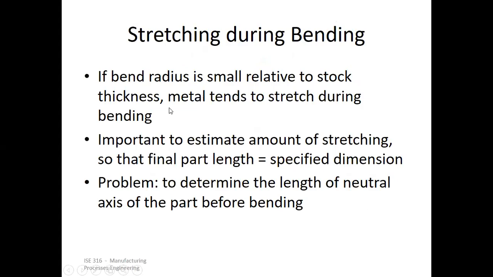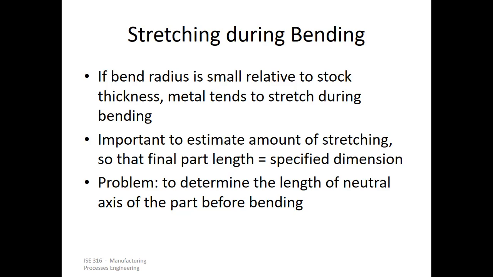So the stretching that is happening during bending: if the bend radius is small relative to stock thickness, the metal tends to stretch during bending. As I was saying in the previous slides, if the bend radius is small, it will lead to more stretching during bending. The higher the curvature of the bend, the lower the stresses induced, and therefore the lower the stretch.